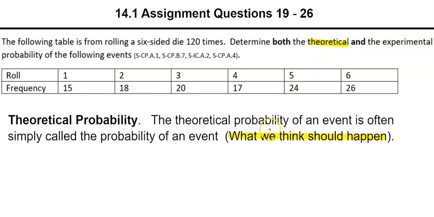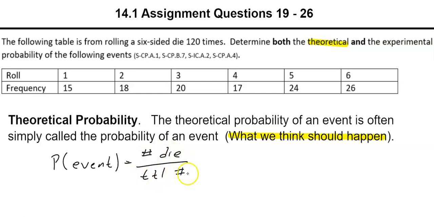Well, theoretical probability is what should happen. So theoretical probability is going to be the probability of my event, and that's going to be the number on the die over the total numbers that are on the die. So ours would be out of 6.